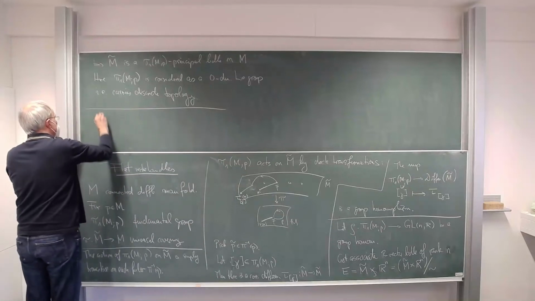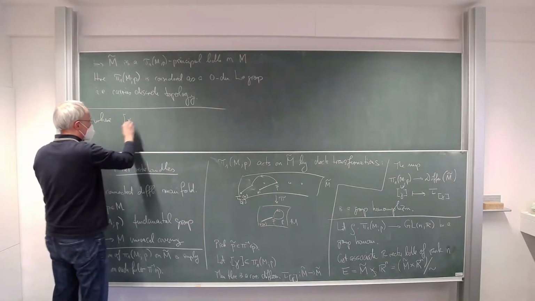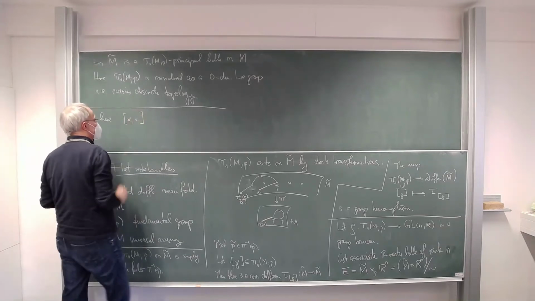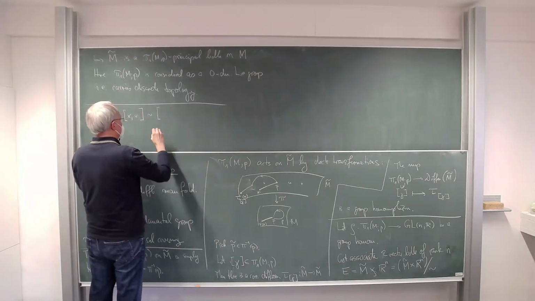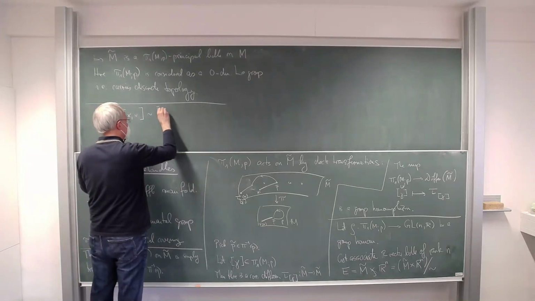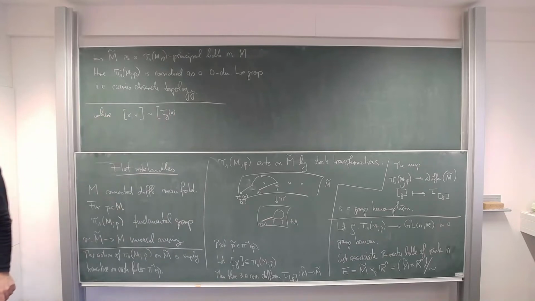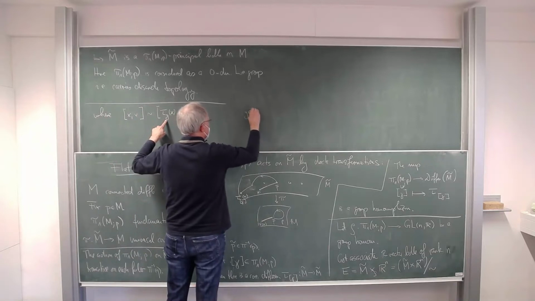So where two pairs are equivalent. The first one is a point x in M tilde and a vector v in R^n. And this is equivalent to, and now I can replace x by tau_g of x, where this is the action by the deck transformation corresponding to an element g in the fundamental group, which is the structure group in this case.